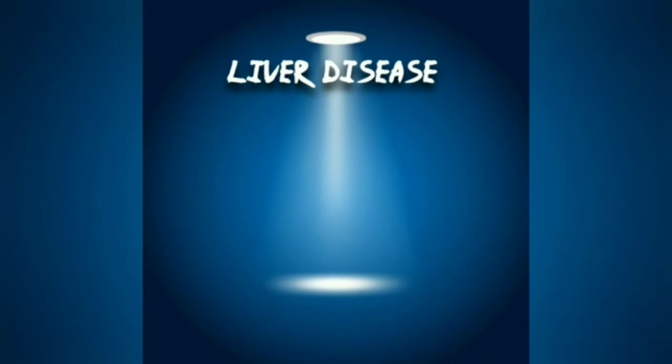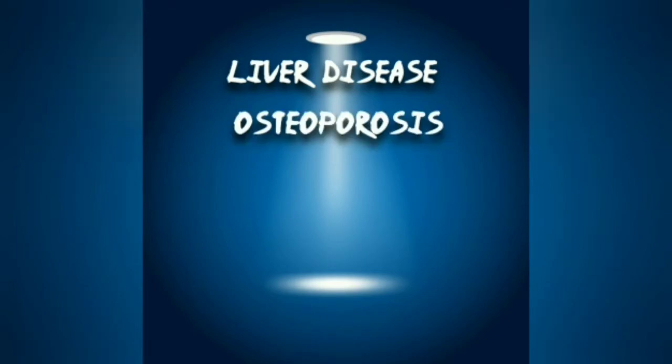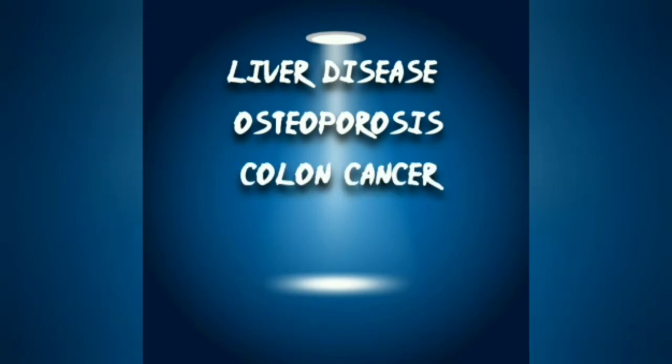Liver disease caused by inflammation in the liver and nearby ducts, which results in scarring in the liver. Osteoporosis. Colon cancer. There is an increased risk of colon cancer in patients who suffer long-standing or chronic ulcerative colitis.